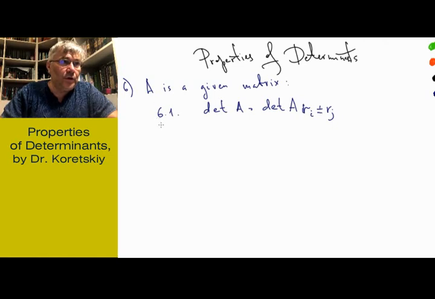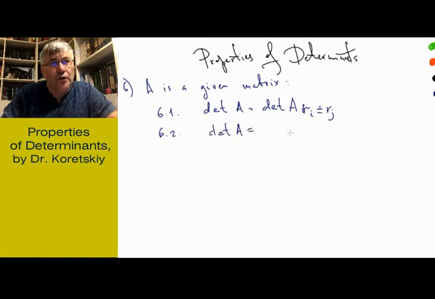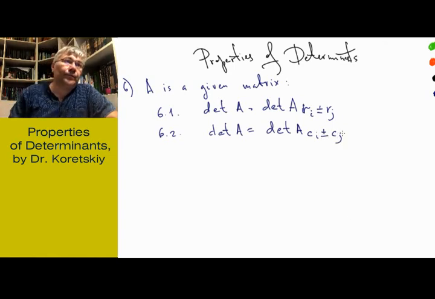And 6.2: the determinant of A equals the determinant of A with column I plus or minus column J. So 6.2 is very similar, it states the same as 6.1, but about columns.